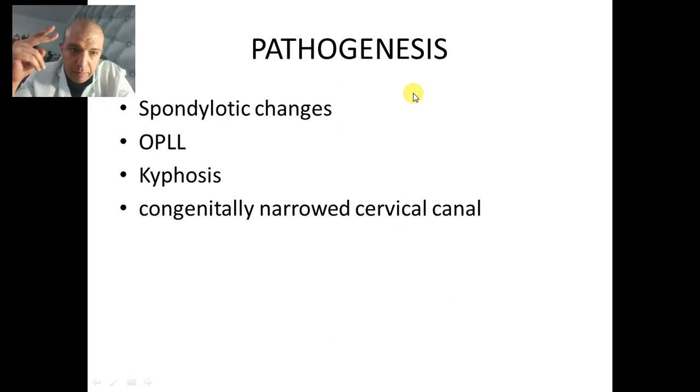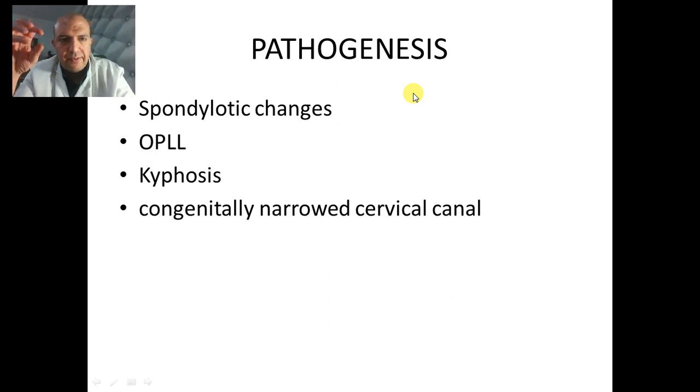There are two other pathological terms, kyphosis and congenital cervical narrowing. Kyphosis, for example, post-surgical: if you did a multi-level laminectomy, he lost the posterior support for his neck, so kyphosis could compress the cord. Congenital narrowing: he is congenitally born with a narrow canal.